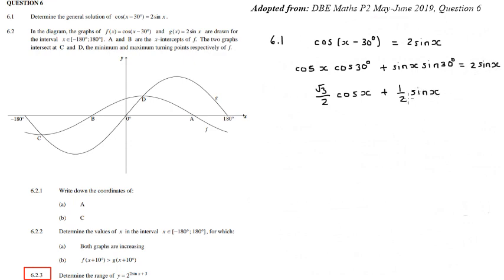Now notice that what we have here is a half sine of x. We can subtract from that 2 sines of x and set all of this equal to 0.